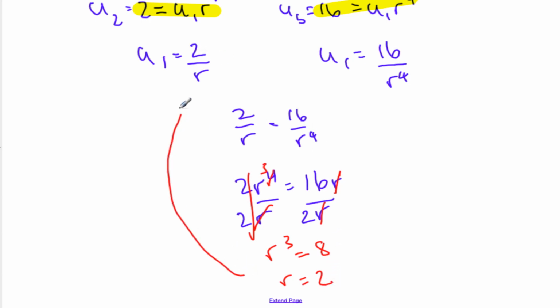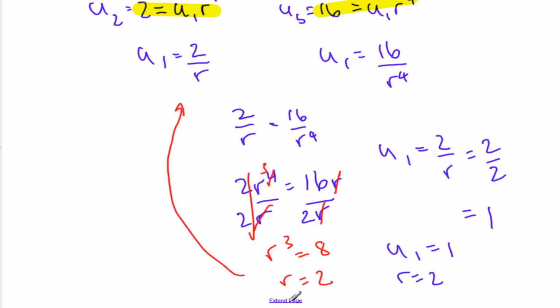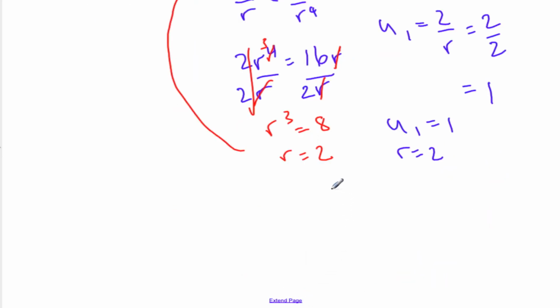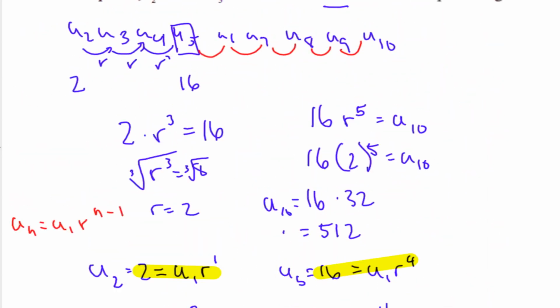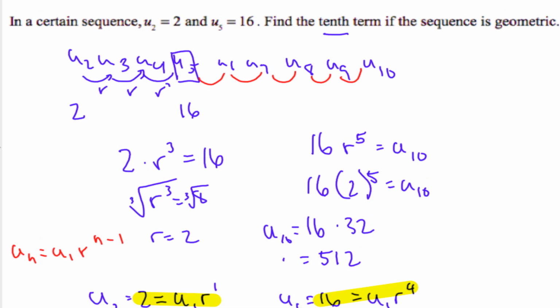Taking this, plugging it in here, I can then get U1 equals 2 over r, which is 2 over 2, which equals 1. So I know U1 equals 1, r equals 2, and I'm asked to find the 10th term in the sequence.